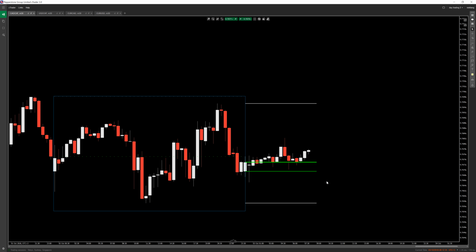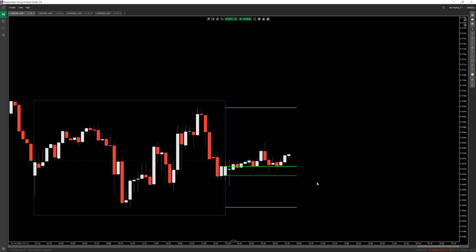However, as the day progresses, if buyers manage to push up and break out with a strong move, then I would enter the trade on a pullback to this level. My stop loss is usually at least 1 support or resistance level away, possibly 2 depending on how close they are.